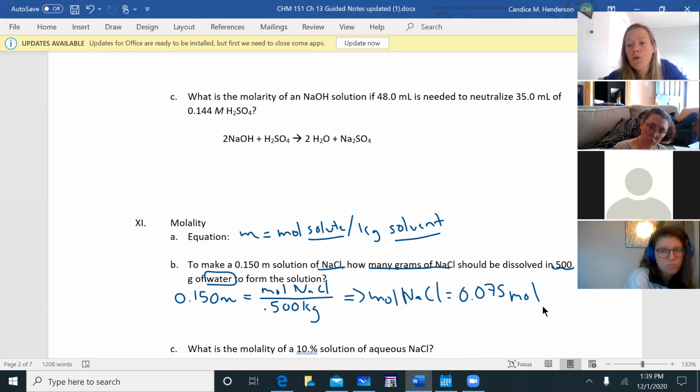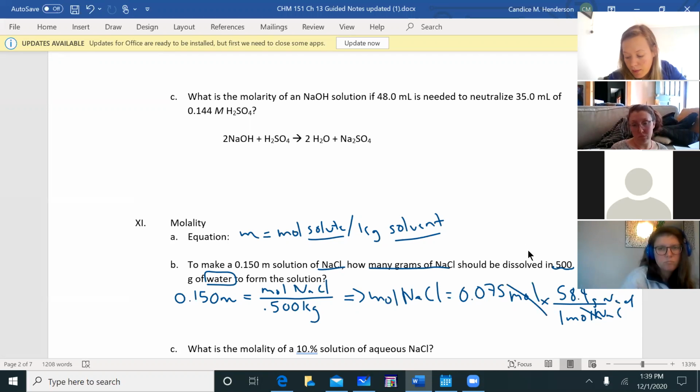If I want to go from moles into grams, that should feel like second nature now. 1 mole of the NaCl is roughly 58.4 grams of NaCl. The moles will cancel and we'll be left with a value of grams. And in this case, we get 4.38 grams of NaCl.